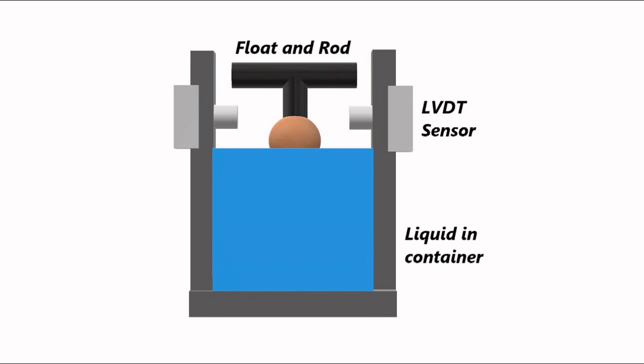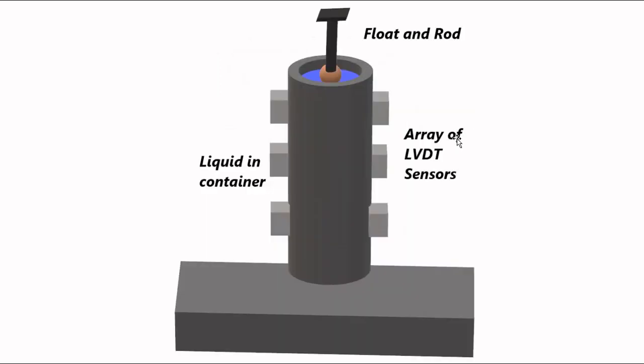We can also have continuous level tracking, as we have done with other sensors, where we connect multiple sensors. So multiple LVDT sensors, depending upon the length of the container: 5, 10, 15, whatever number of measurements we want, we can connect as many sensors.